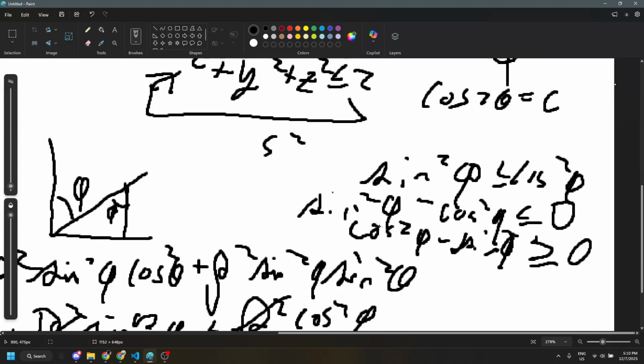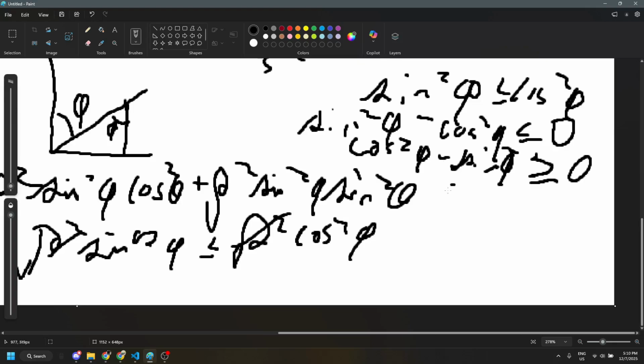So this is cosine of 2 phi is greater than or equal to 0.